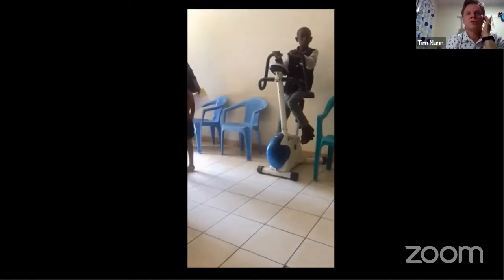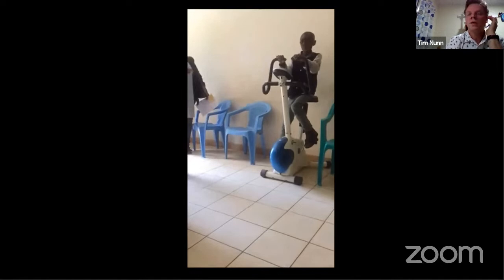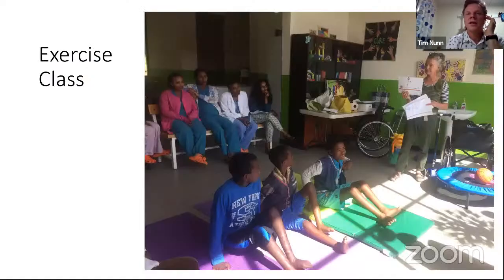The hamstrings are often functionally long, and certainly we've seen that in our gait analysis of these patients. So exercise classes, during and after, we consider to be an important part of rehabilitation and will help these kids to get on the road to recovery faster.